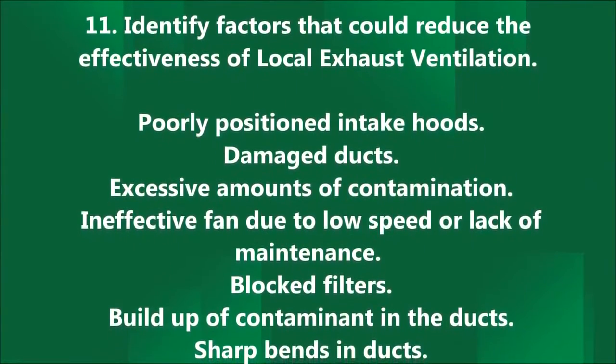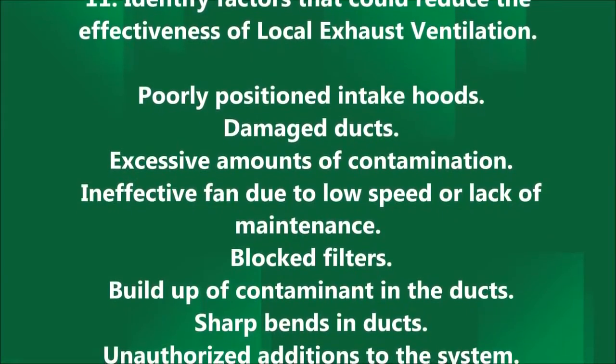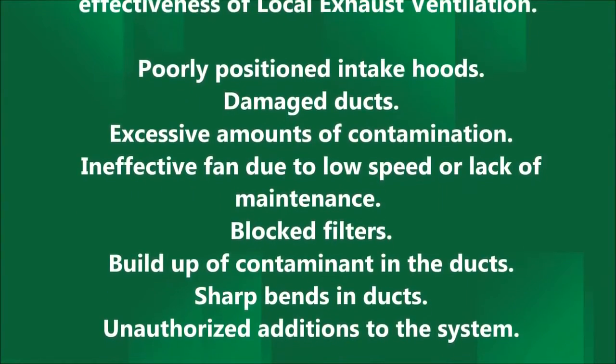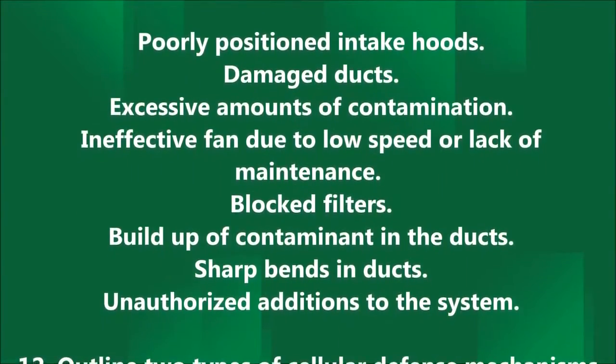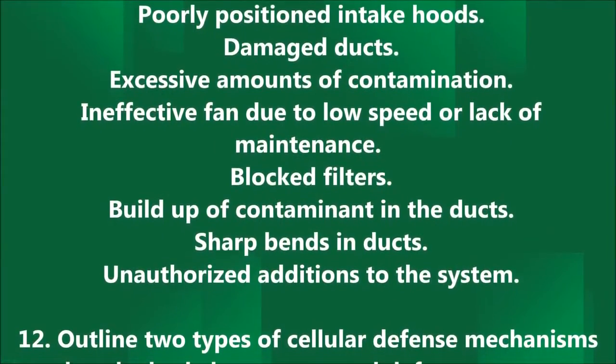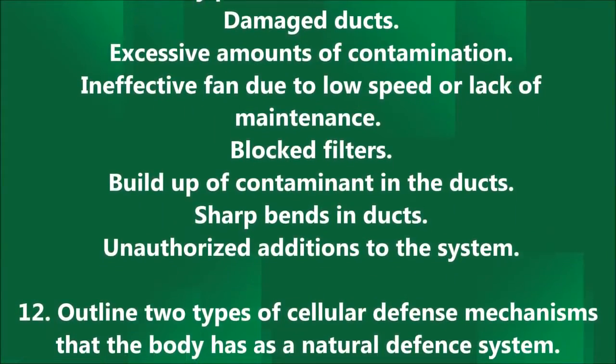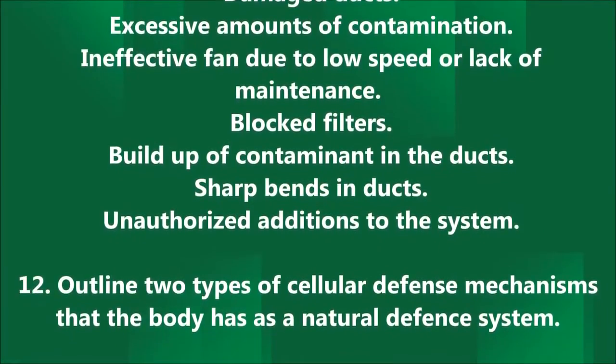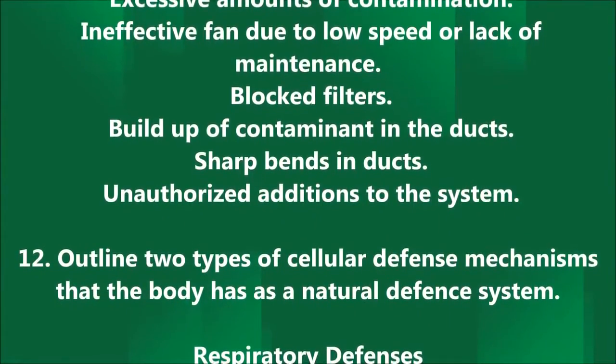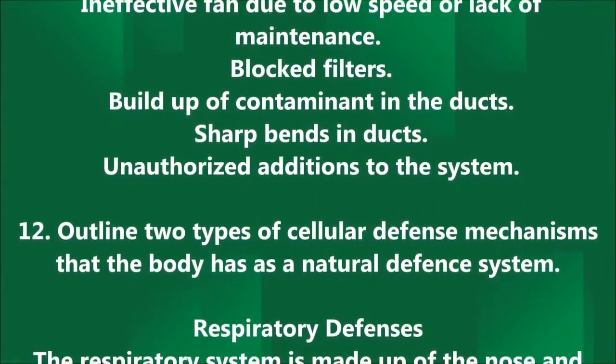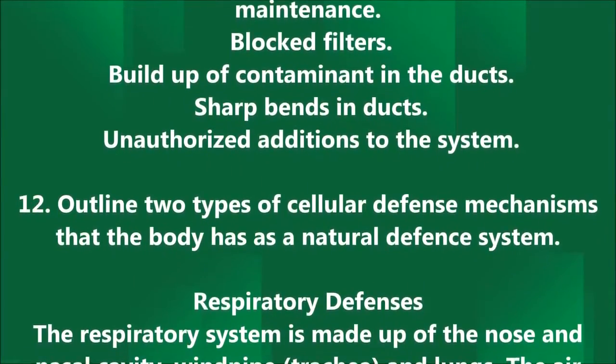12. Outline 2 types of cellular defense mechanisms that the body has as a natural defense system. Respiratory defenses. The respiratory system is made up of the nose and nasal cavity, windpipe, trachea, and lungs. The air passes down the bronchi and bronchioles to the alveoli.